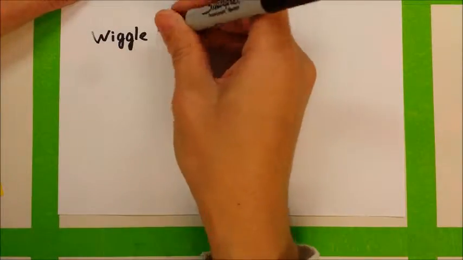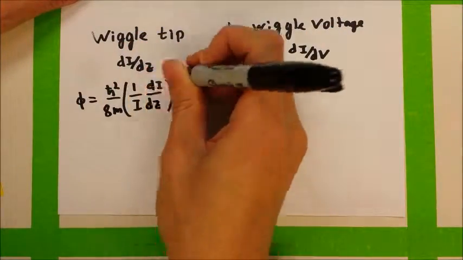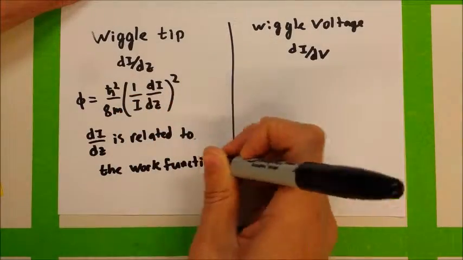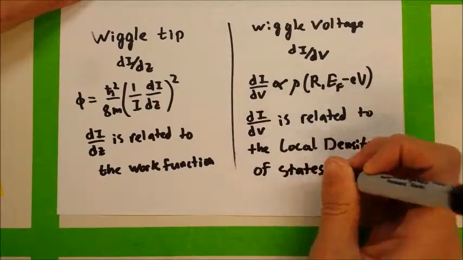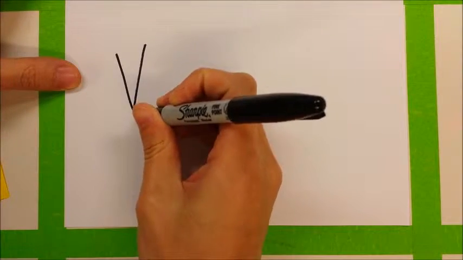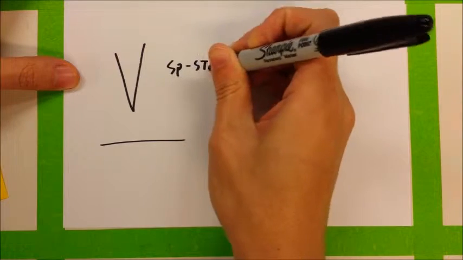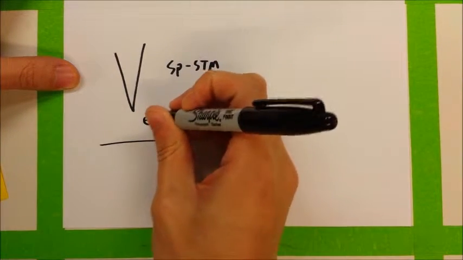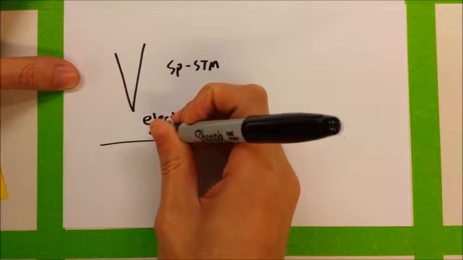By wiggling our tip height, we can extract information about the work function of the material, while wiggling the bias voltage gives us an idea about the local density of states. The combination of these two powerful techniques, real space imaging of the atoms on a material, and the ability to perform spectroscopy at the atomic scale, have made STM an invaluable tool for condensed matter physics.